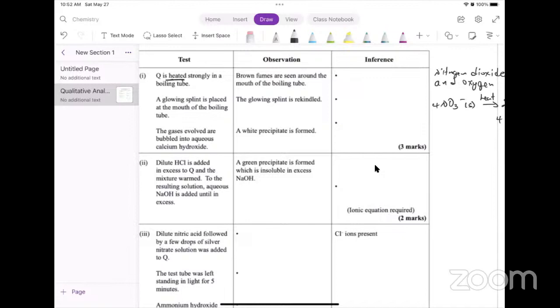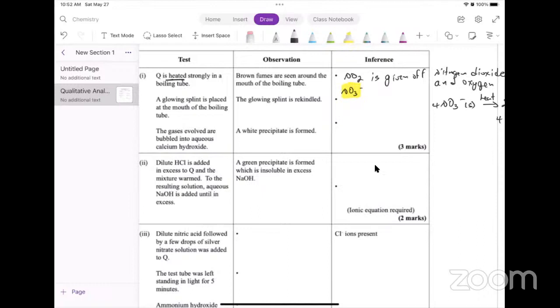So we would say that based on that information NO3 minus is present, but I will not put the assumption about NO3 minus yet. We know that's what it means underlying, but I think what they want us to say is nitrogen dioxide is given off. That's what they're interested in, based on how they phrase the question. Overall, we know it's nitrogen dioxide.